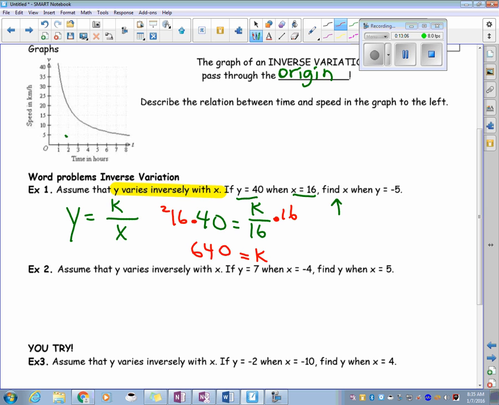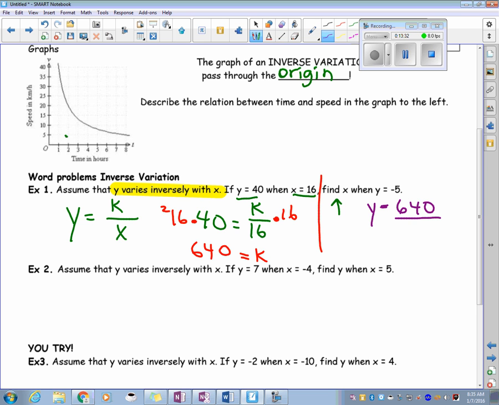Okay, so now I'm ready to start the second part of my problem. I know what k is because it varies inversely with x. And so now, to finish up my problem, I'm going to say y equals 640 divided by x.